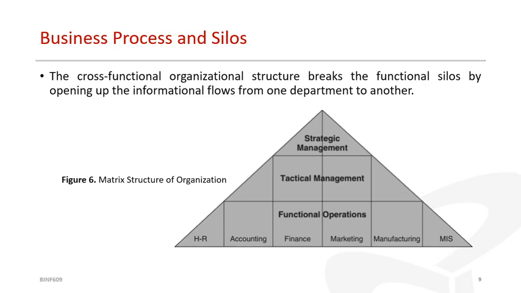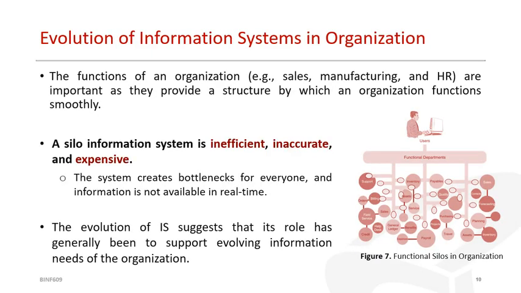In conclusion, this organizational evolution from functional silos to business process and customer-centric approaches has a big impact on the evolution of information systems. The role of information systems is supporting business activities and enhancing the workers' efficiency. Over time, the business changes and expands. Systems need to change too.